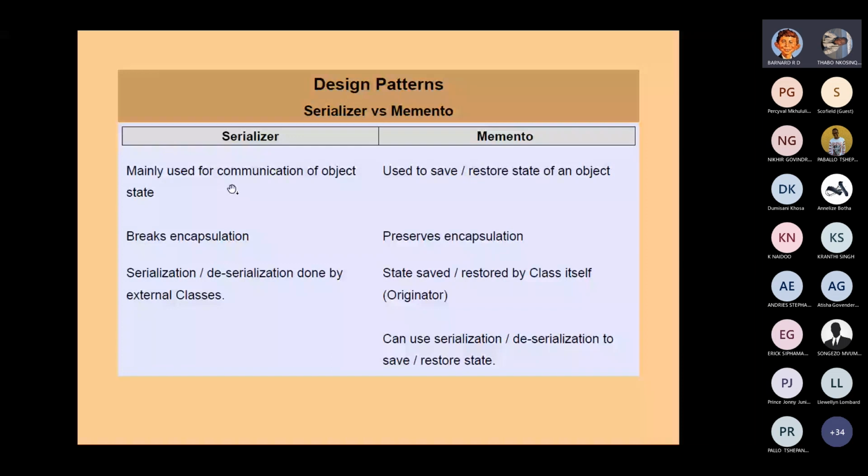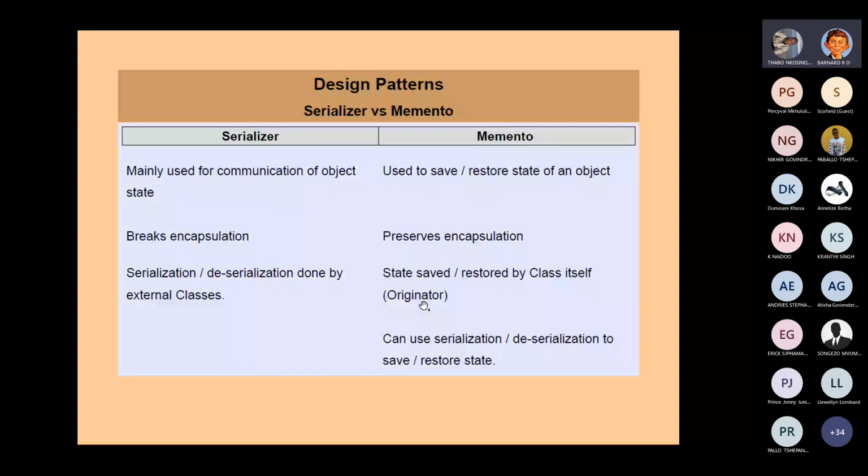Then the criticism of the serializer is that it breaks encapsulation, whereas a memento very strictly preserves encapsulation. Serialization and deserialization are done by external classes. In other words, your serializer is external.